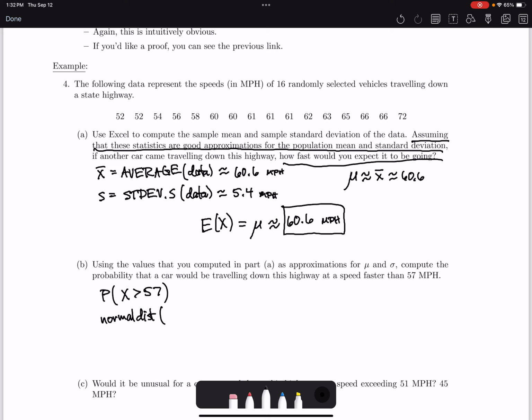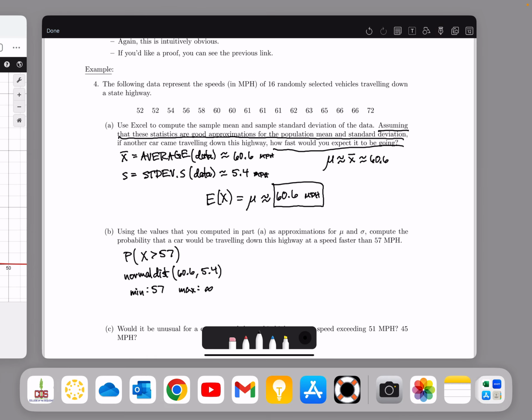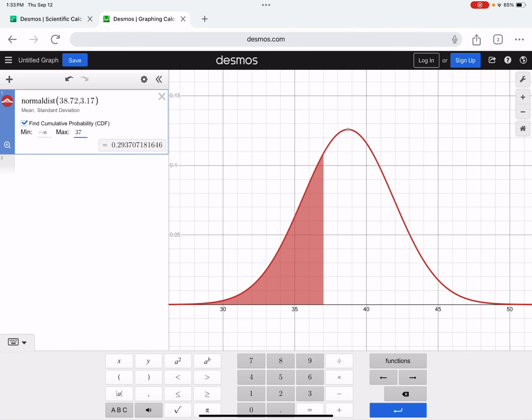We'll put in the mean of 60.6 and the standard deviation of 5.4. Our minimum value will be 57, and our maximum value will be infinity, because we're looking for the probability that X is greater than 57. Okay, let's see what we get.